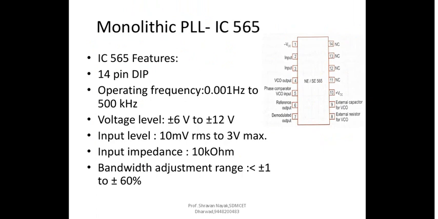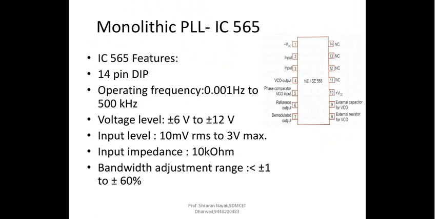Now, I have mentioned the low pass filter, the phase detector, and the VCO. In the VCO, we have taken a separate IC also in our discussion, IC 566, right? Your phase detector can be anything like your XOR gate. We have already discussed the low pass filter. They are all independent systems, right?